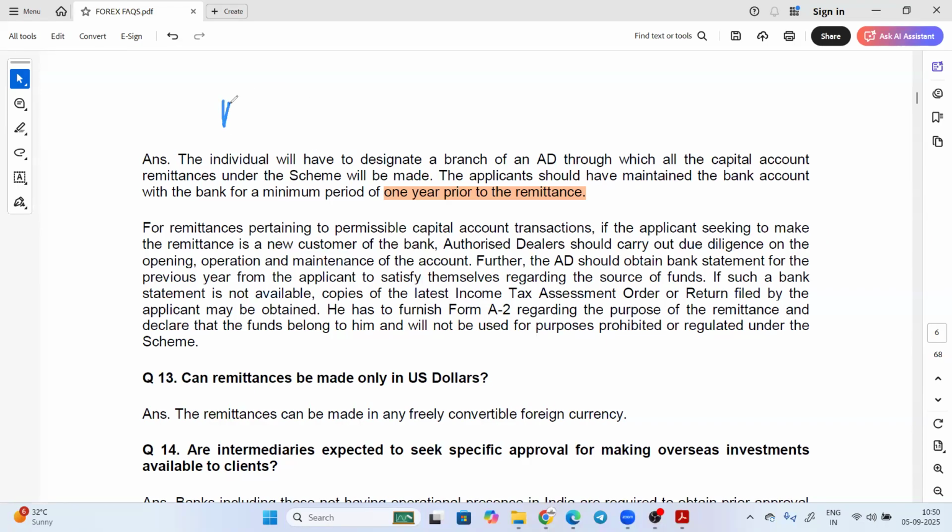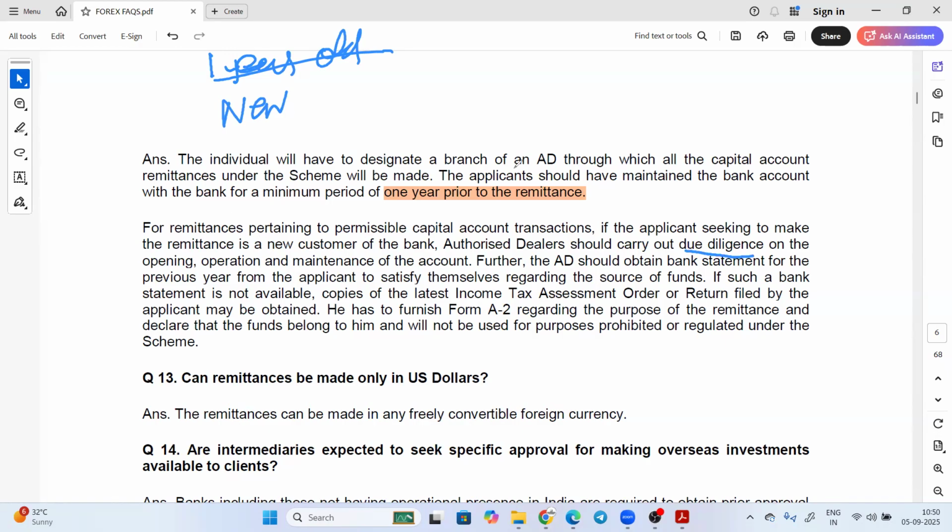If a person is new, first of all, you make sure that the account is 1 year old. And if it is not 1 year old, then the banker has to do due diligence on the operation of the account.